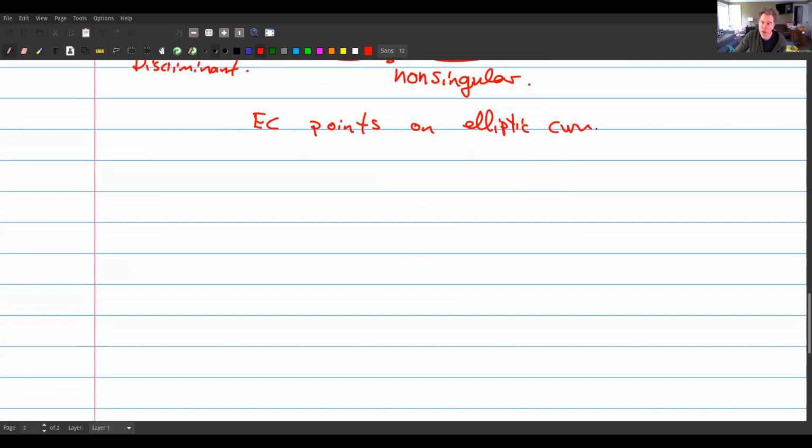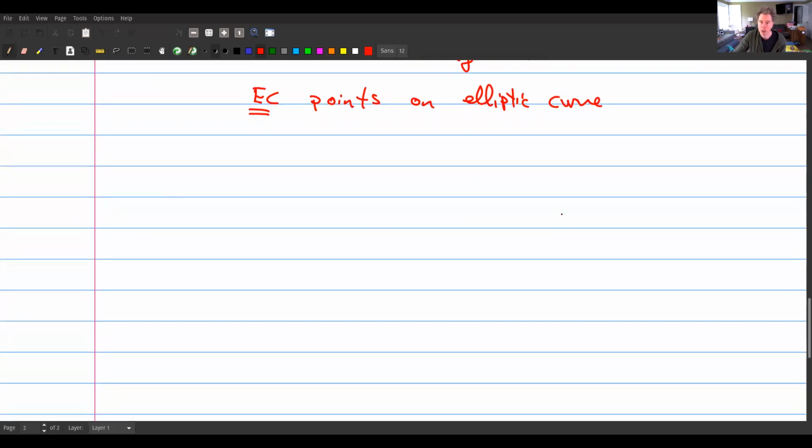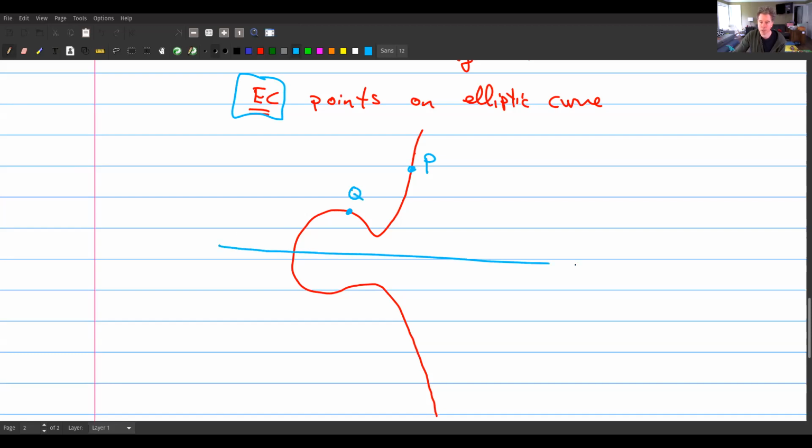So the reason I write EC there is because I want to be thinking of the collection of all points that actually satisfy the curve. So let me draw a picture of one. So something like this. And so let's say that we consider 2 points P and Q that are in this set. So let's say that P is a point on the curve, and Q is another point that's on the curve. Okay. So what we're going to do is this set is going to become a group.